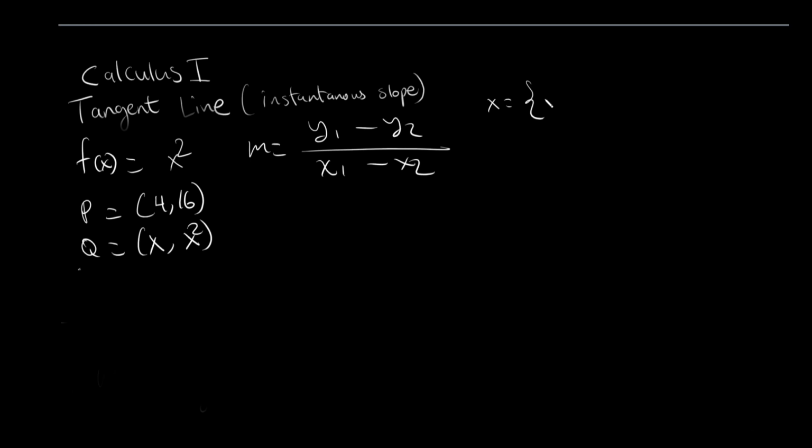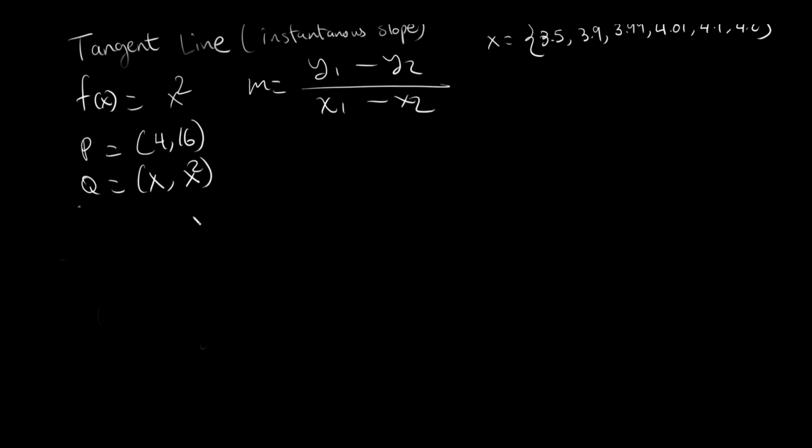So let's take 3.5, 3.9, 3.99, let's take 4.01, 4.1, 4.2. I have taken a lot of points here, but you don't have to do this. I'm still taking multiple points to show you, to be more sure about it.